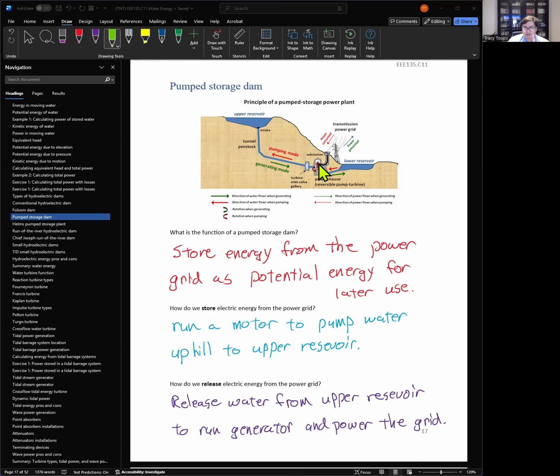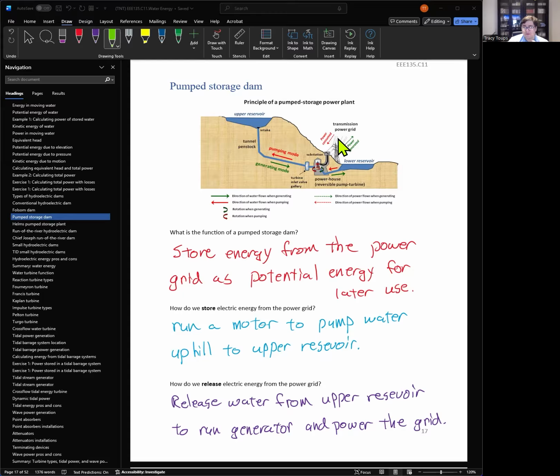Then we'll have the generator pump, either letting water from the upper reservoir down to the lower to generate power, or if we have too much power, we could take power from the grid and run the generator as a motor, because electric machines could be generator or motor. All the difference is which one has more power. If the mechanical side has more power, it's a generator. If the electrical side has more power, it's a motor.